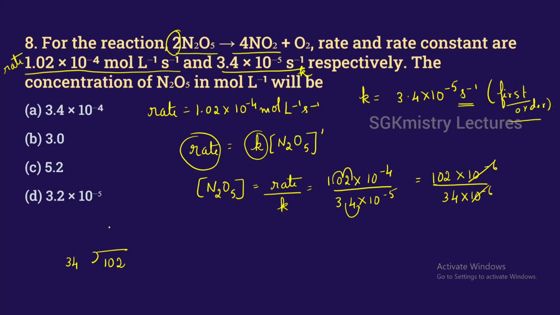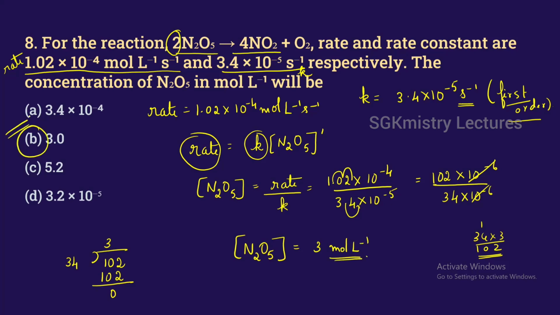So we have 3 times, right? 34, 3s are 102. So we have the concentration of N2O5 is equal to 3 into 10 to the power of minus 6, and minus 6 has cancelled. So it is nothing but 3 mole per liter. So correct answer is option B. Okay.